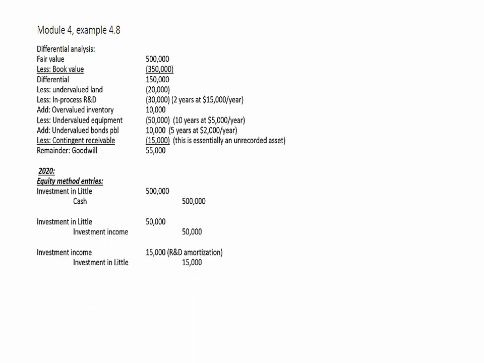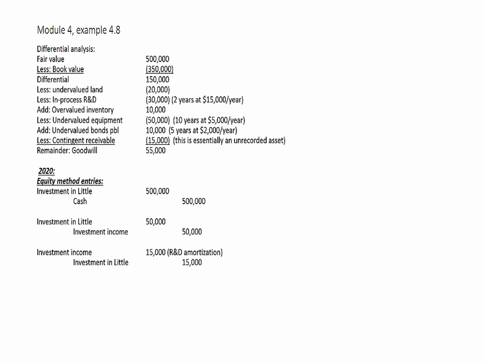We do have to deal with the in-process R&D amortization, though. Again, this $30,000 of value was expected to be consumed or used up or realized over 2 years. And so we're going to expense that at $15,000 per year over 2 years. Now, with these amortization charges, sometimes it can get confusing.